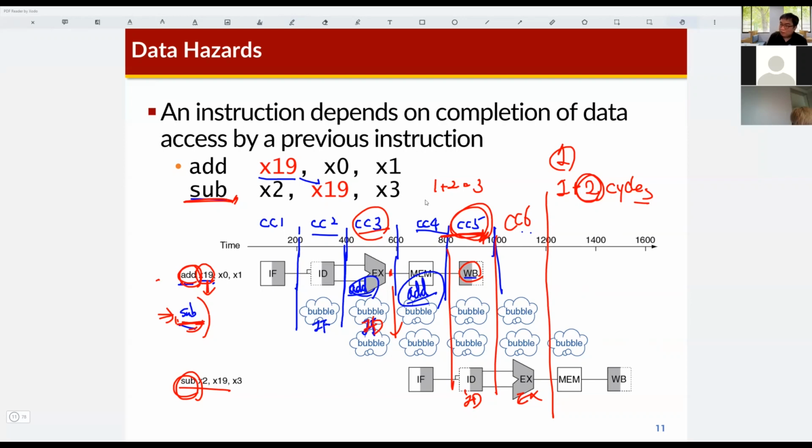It is not written back to the register file during CC3 because it's not the write back stage, but we know the result is already calculated by this ALU at this timing, right? So that means the computer processor has computed the result of this add instruction.